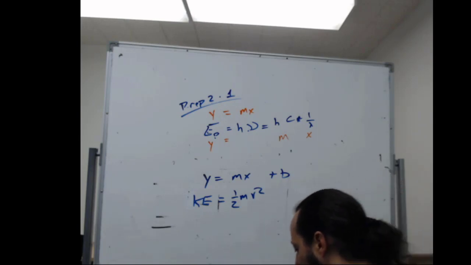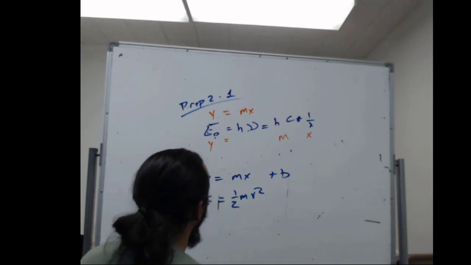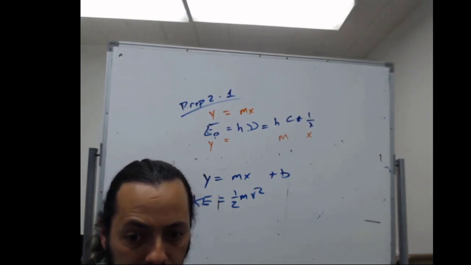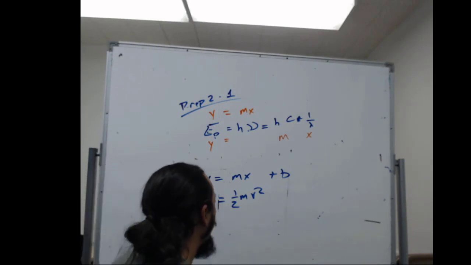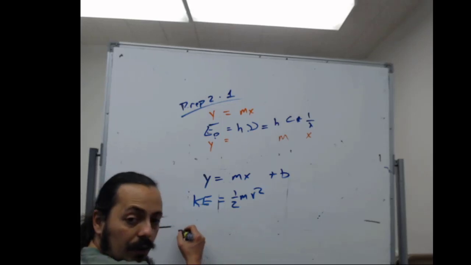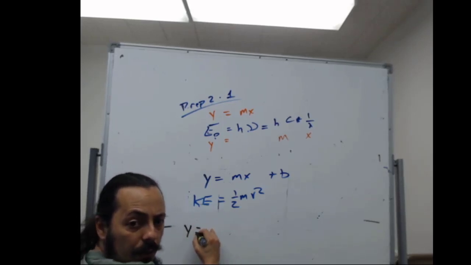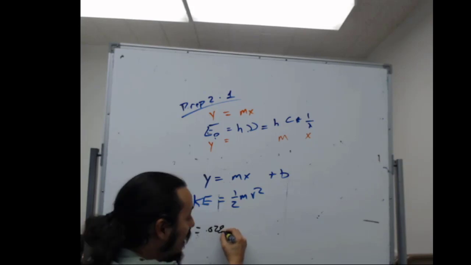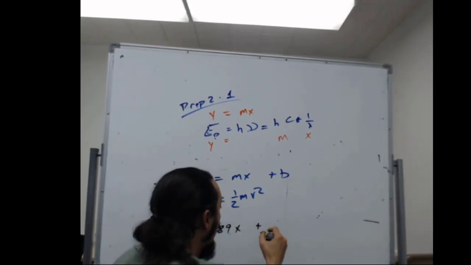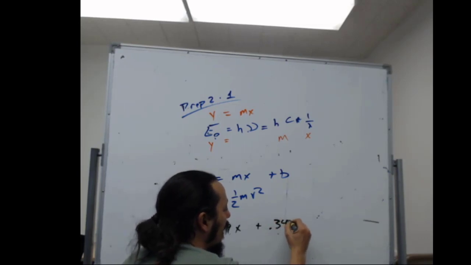So if we look at this, we've got our equation for a line, y equals mx plus b, and we've got our equation from Excel. The equation I got was y equals 0.0289x plus 0.345.